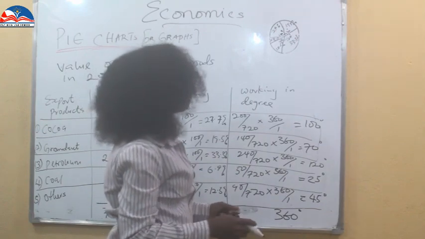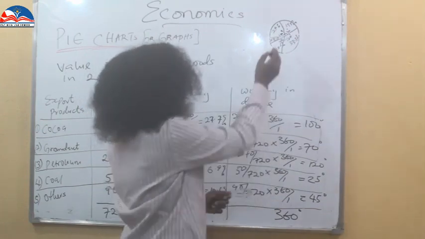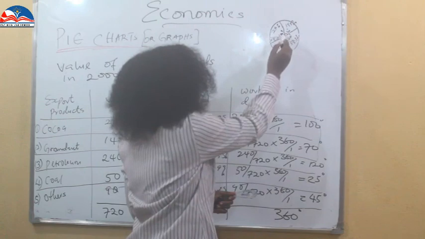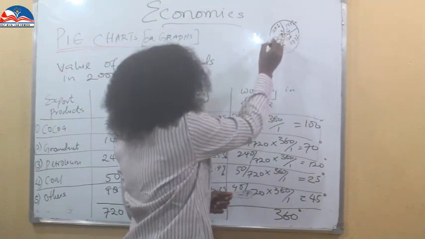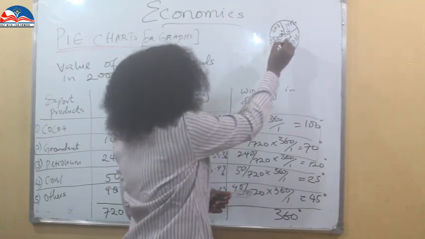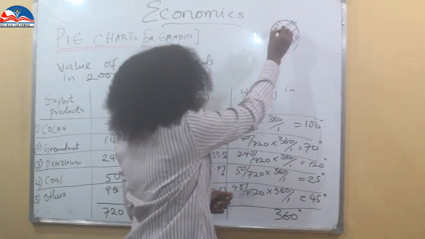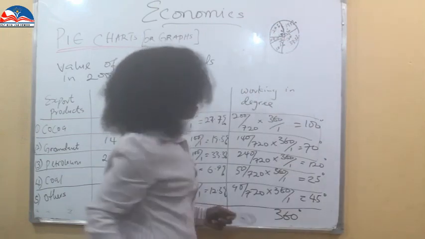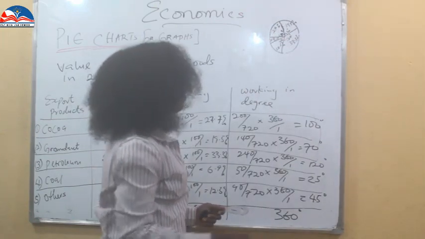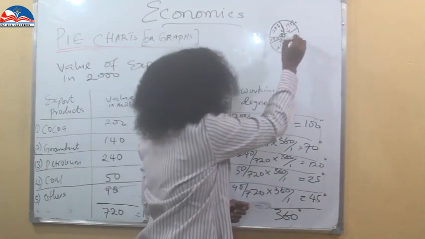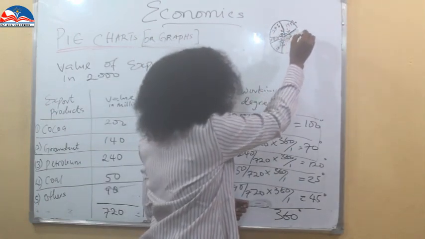My first tracing was 100 degrees, which is this. I traced from here to here and it gave me 100 degrees and I rolled it off. And I traced again my 70 degrees, from here to here, and I rolled it off.